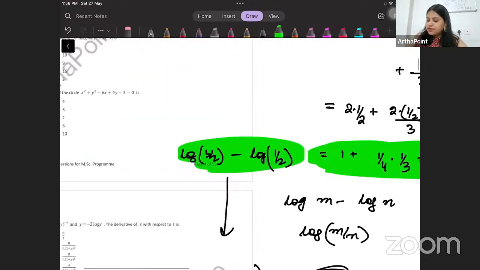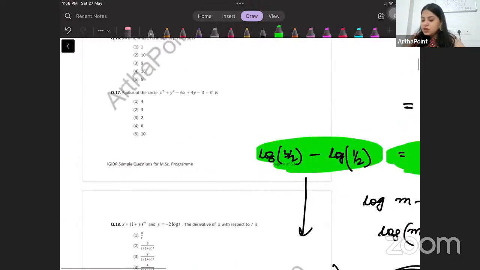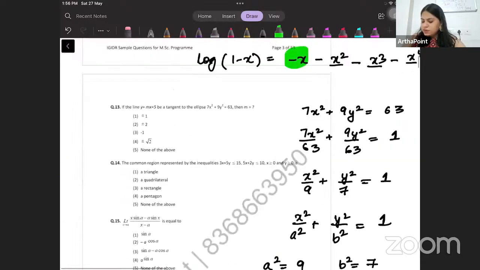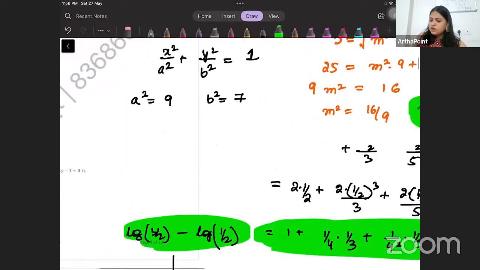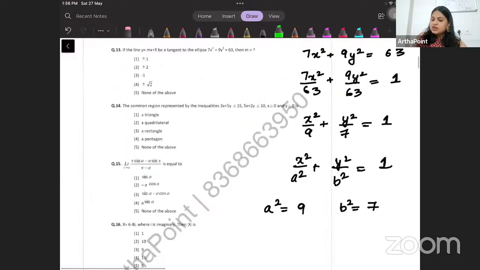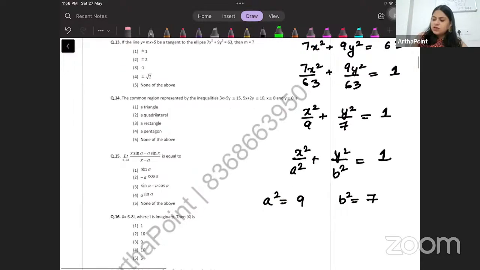I'm not sure if I've made some calculation mistake, just have a look at that once. Otherwise, according to me, it should be none of the above. The answer to question number 13 should be 5.